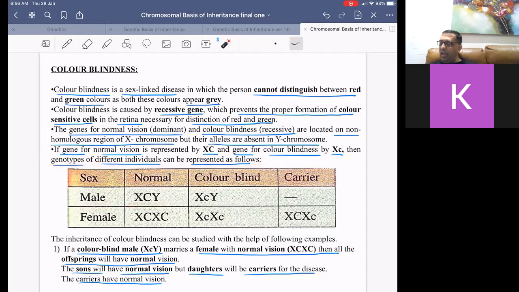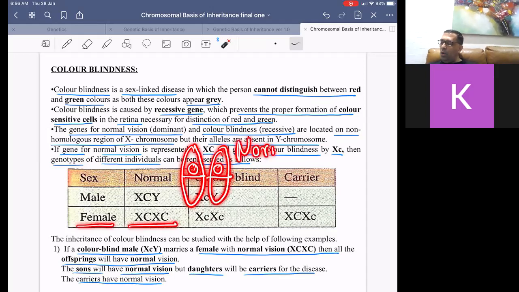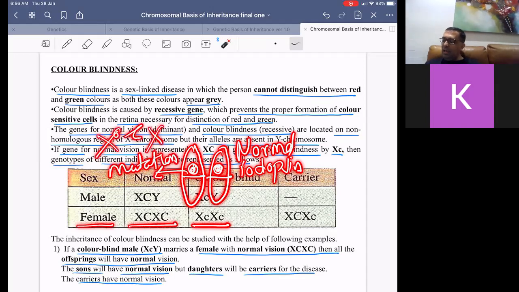Similarly, in females, you have X capital C X capital C, that is normal vision. So if both iodopsin genes are normal, then she is normal. If you have X small c X small c, both genes have undergone mutation, then she will become colorblind.